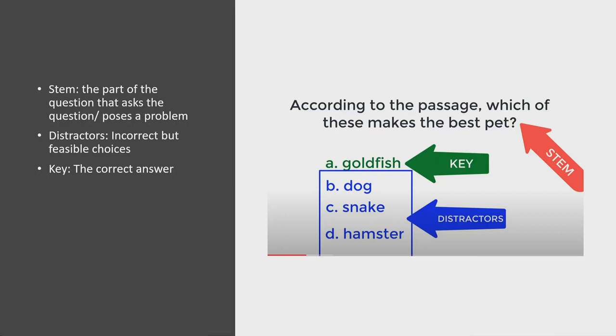Then you will see there are several options, A, B, C, and D. We refer to these as options, and within the options, you will find one correct answer, which we refer to as the key. And the incorrect answers are what we call the distractors.